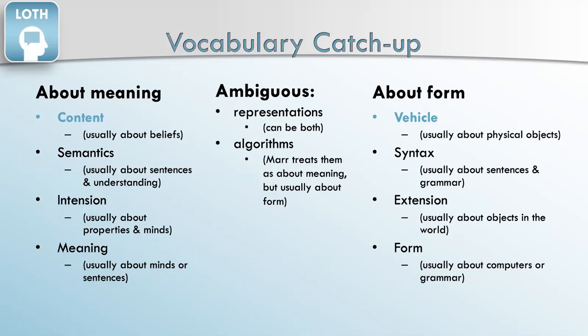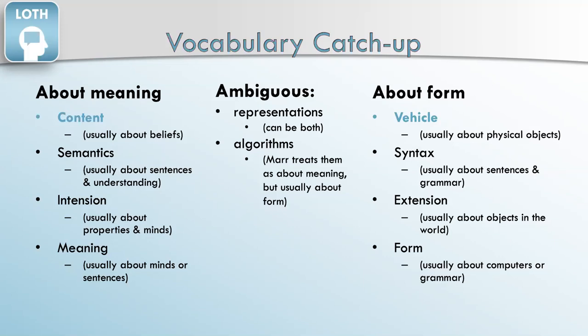All right, so vocabulary catch up. Lots of different disciplines have come up with the same distinction again and again. So it's kind of frustrating that we have to reintroduce it each time. Here we're talking about content and vehicles. If you were learning this in a linguistics class, we'd be talking about semantics and syntax, right?